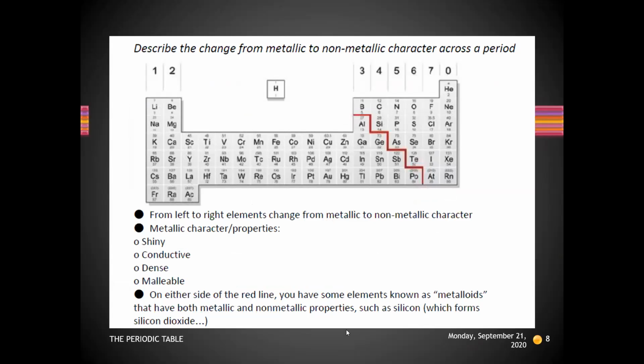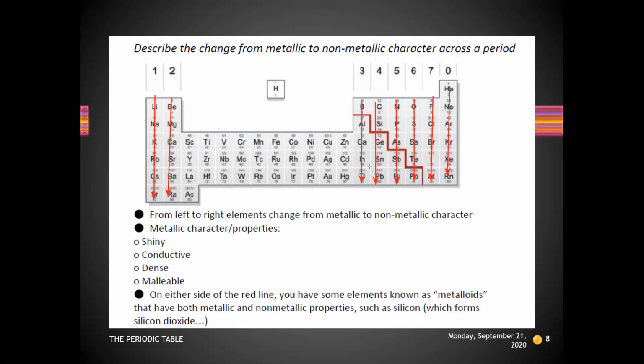In a periodic table, the vertical columns are known as the groups, whereas the horizontal rows are termed as periods.